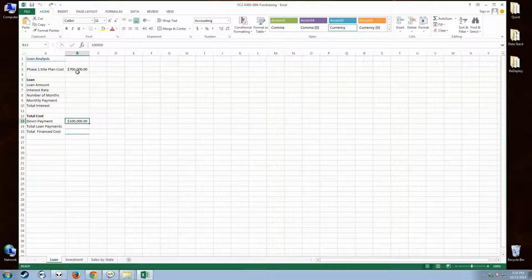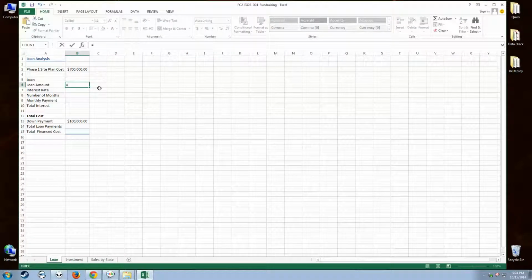We're going to need the total cost minus what we have as a loan. So let's enter it that way. It's pretty easy to eyeball this as $600,000, but remember, it's always best to let Excel do as much of the math for you as possible, and we'll go over why here in just a moment.